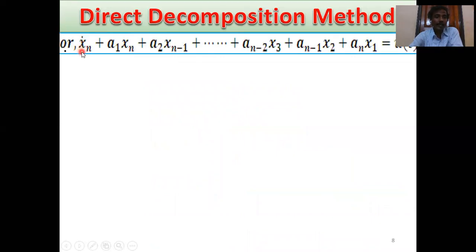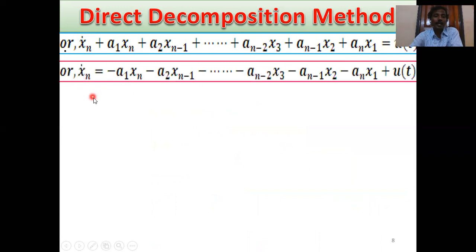So put xn dot plus a1 xn plus a2 x(n-1) plus ... plus a(n-2) x3 plus ... plus an x1 equals u(t). This is the equation, and xn dot equals minus a1 xn minus a2 x(n-1), with the differentiation term on the left-hand side and terms free of differentiation on the right-hand side.